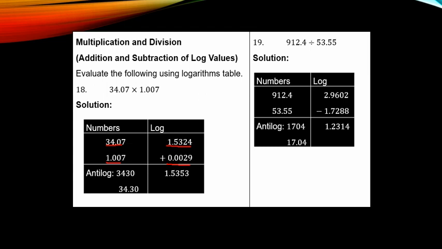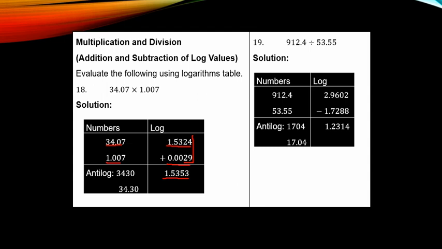Then you have to add. So when you add these two numbers, you have 1.5353. So our answer is to check the anti-logarithm of 1.5353. And in the anti-logarithm table, we are interested in the decimal part.